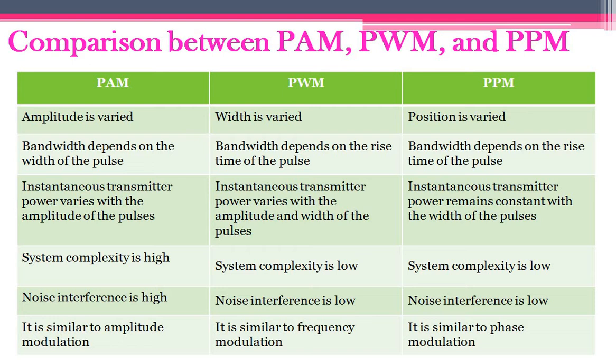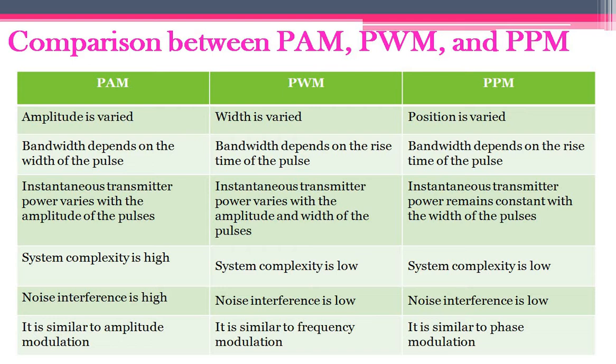So what have we discussed in last class about pulse position modulation? To get pulse position modulation, we need pulse width modulation. That is the reference signal. That signal is given to a monostable multivibrator, isn't it? For the modulation of PPM, it requires a PWM modulator.